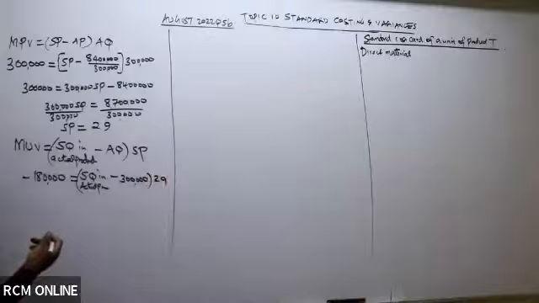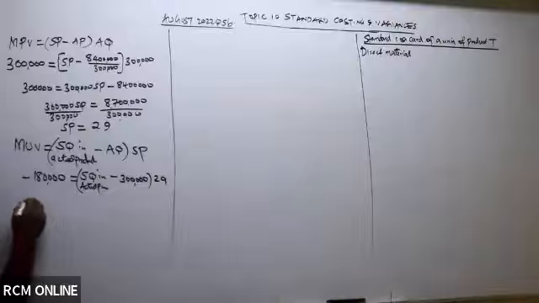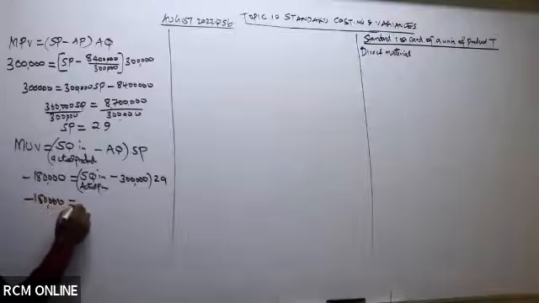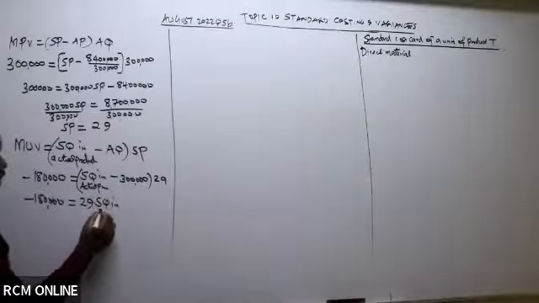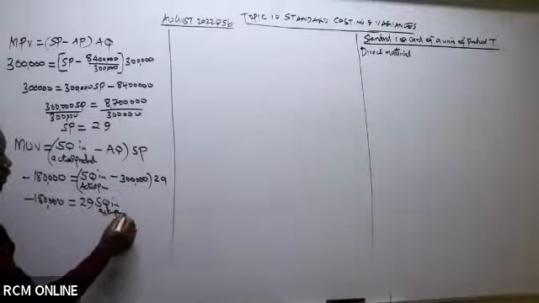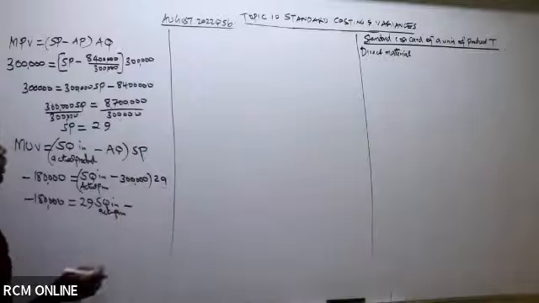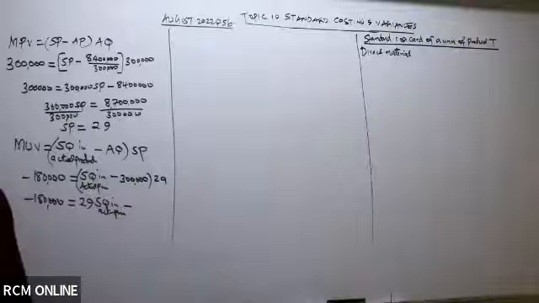We need to break the brackets. So negative 180,000 is equal to 29 times standard quantity in actual production, minus 300,000 times 29, which is 8,700,000.